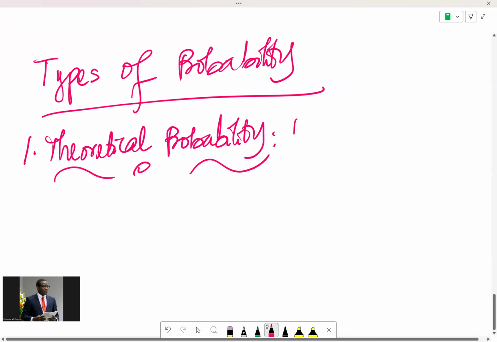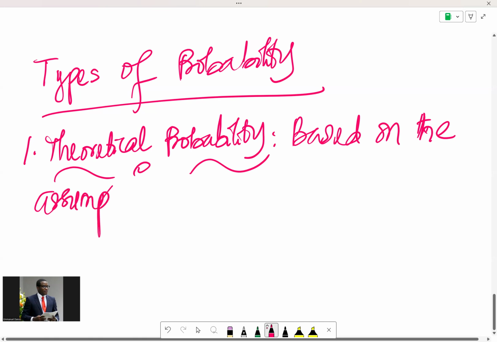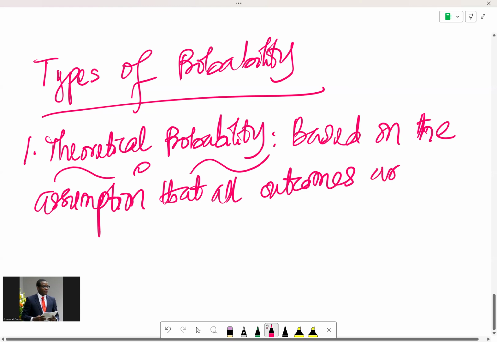Here, it is based on the assumption that all outcomes are equally likely. This is not always true. That is why it is said to be theoretical. For instance, we just assume that when you roll a die, you always get 1, 2, 3, 4, 5, 6.